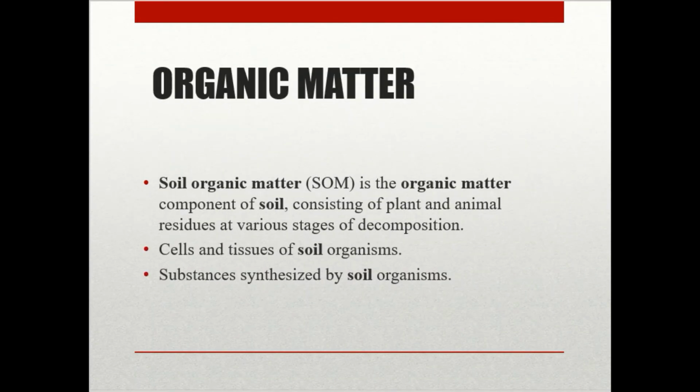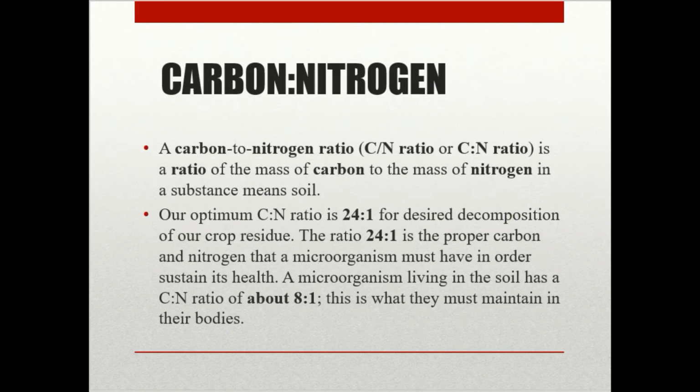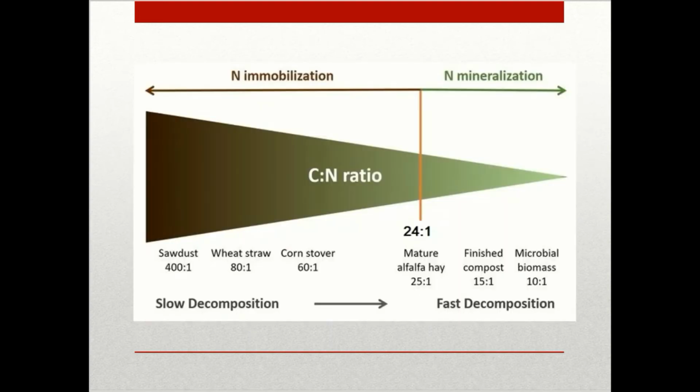Soil organic matter is the organic matter component of soil, consisting of plant and animal residues at various stages of decomposition, cells and tissues of soil organisms, and substances synthesized by soil organisms. Nitrogen to carbon ratio. It holds its own importance as 24:1 is the proper carbon to nitrogen ratio that a microorganism must have in order to sustain its health.